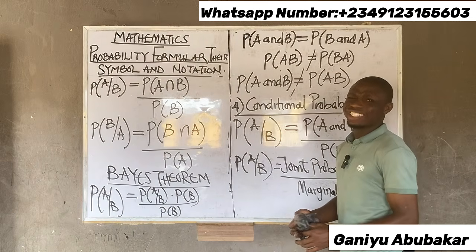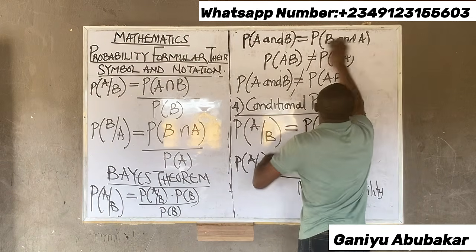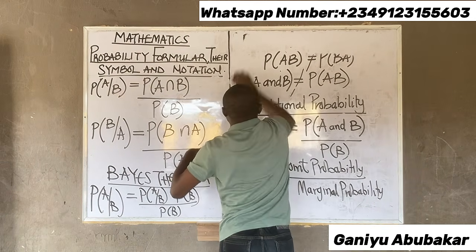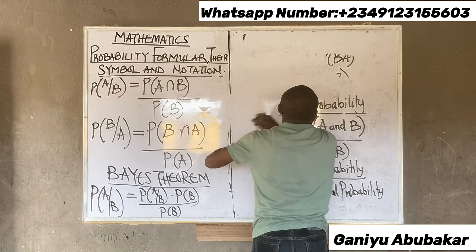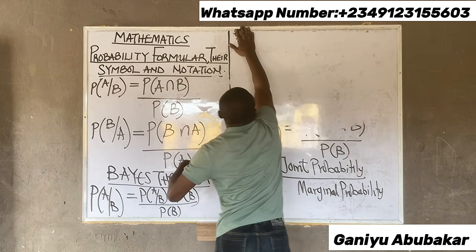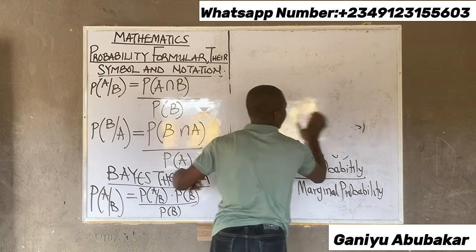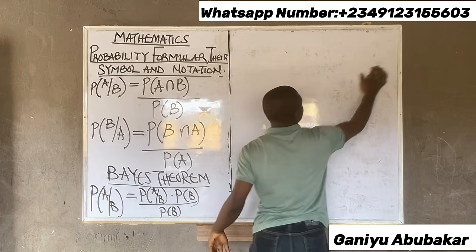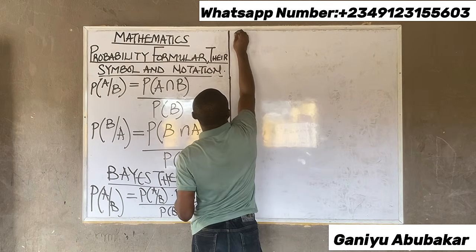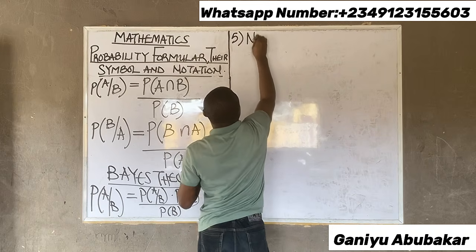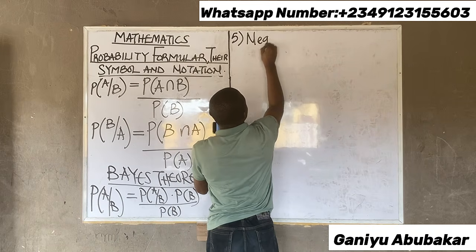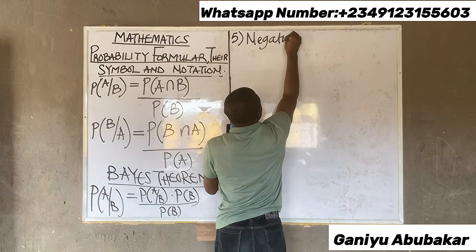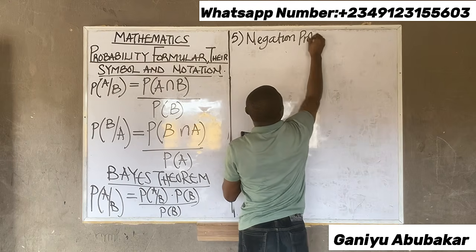Now, finally, let's look at negation probability. Let's do number 5, negation probability.